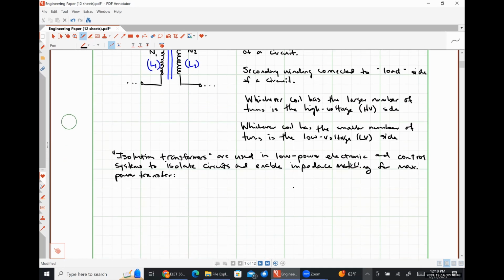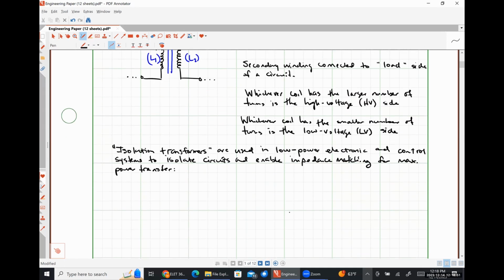So we might have a situation like this. Here is our AC signal source, and we're going to treat that signal source as if it were a practical voltage source.